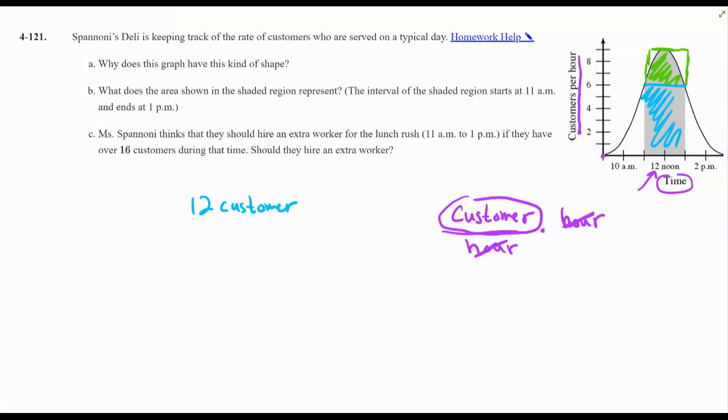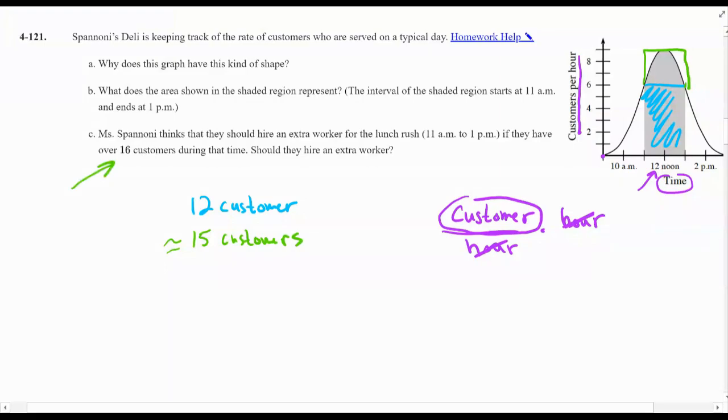And it looks like maybe 3/4 of that. So if I were to estimate this, that would be another 3 customers-ish, about half-ish. So about 15 customers. So maybe not worth it because we're saying over 16 customers.